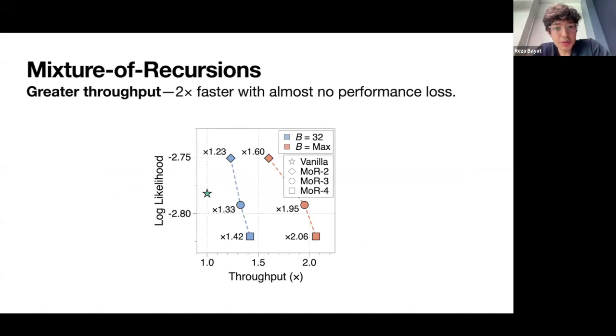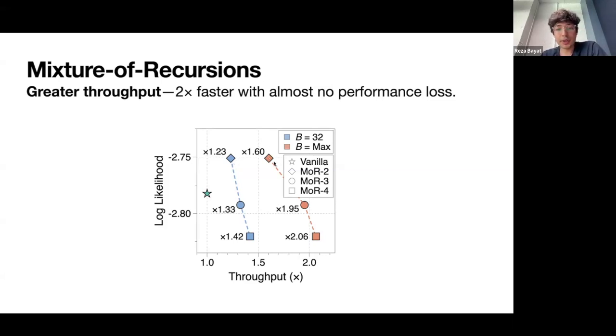And I guess the last main thing that we wanted to discuss, which is the most interesting part, is maximizing the throughput. Because we have early exiting, continuous batching, and also recursion-wise KV cache sharing, we can serve more sequences with this paradigm. Everything has been compared to the base vanilla model.